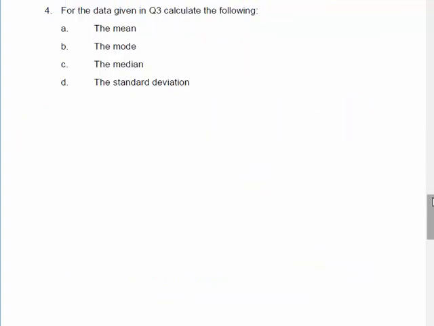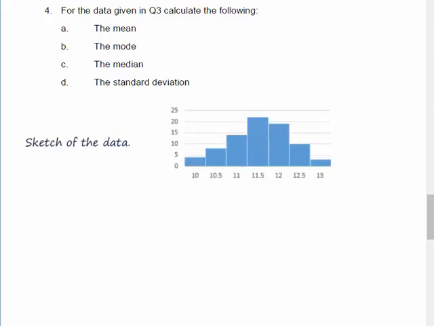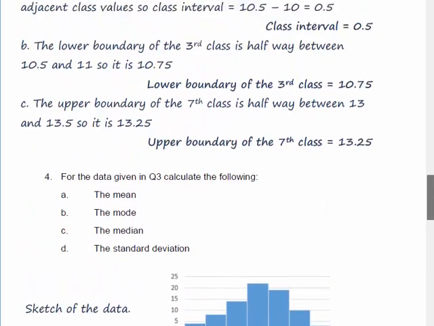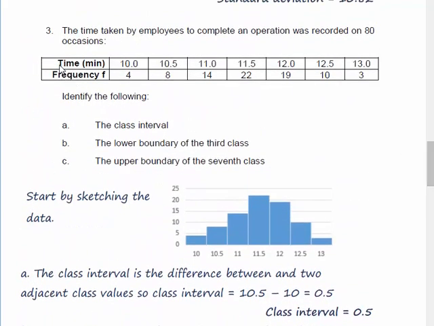Question 4. For the data given in question 3, find the mean, the mode, the median and the standard deviation. Well, let's start with a graph. And then we'll create the table. Notice this time we're not using x's, we're using t's, because we've got a variable which is time in minutes.